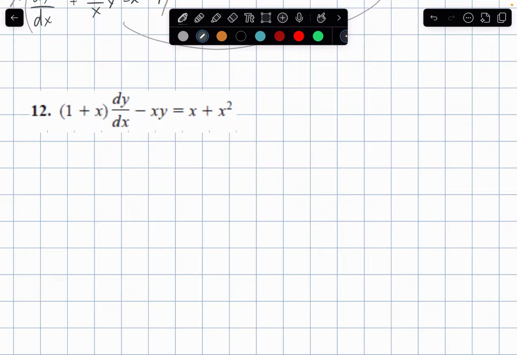If you want to test if a differential equation is variable separable, how am I going to approach this? I'll just say for now that this is not variable separable.